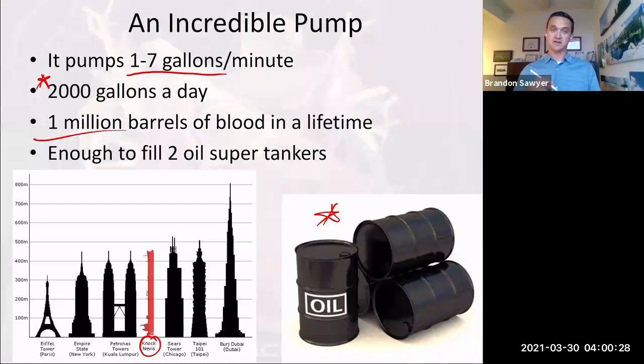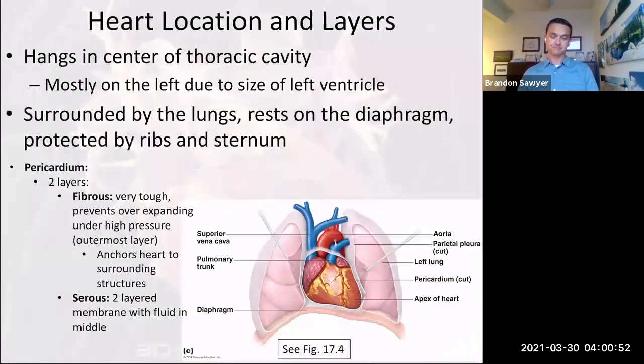So our heart pumps enough in our lifetime to fill up 2 of these giant tankers. Look how big it is. They're about the size of the Sears Tower in Chicago. Just a massive amount of blood that is pumped by this pump in our body, which is pretty small compared to some of these larger things.